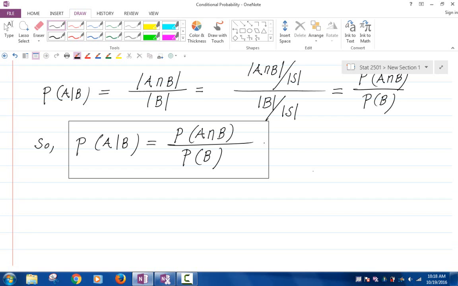Now, we obtained this new formula, right? But if you think about it, it's not dividing the number of elements of A intersect B by the number of elements of B. It's the probability of A intersect B divided by the probability of B. So it's appropriate to take this equation to be the general definition of P of A given B, even when the sample space may not be finite, even when you may not have equally likely outcomes.